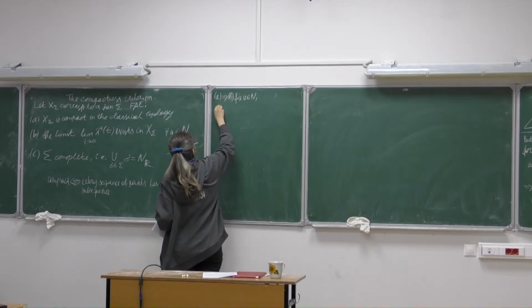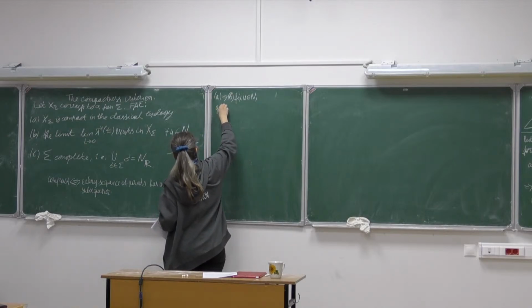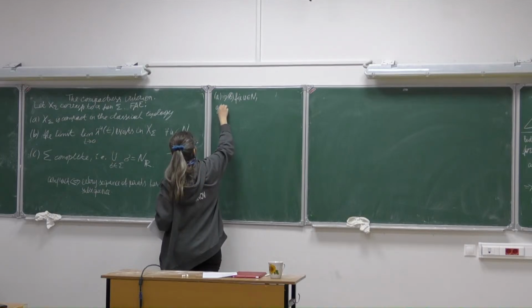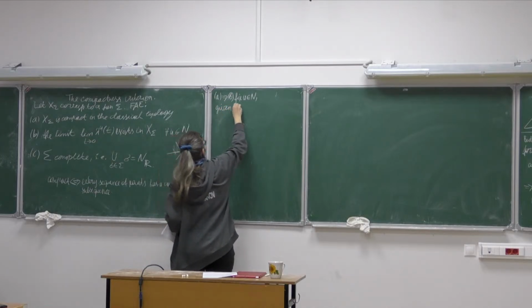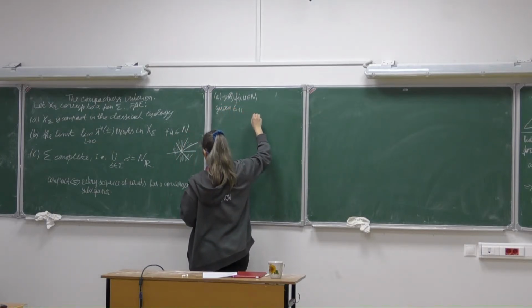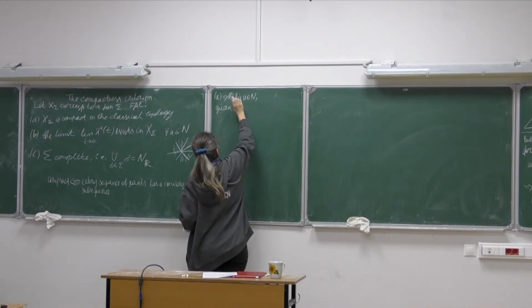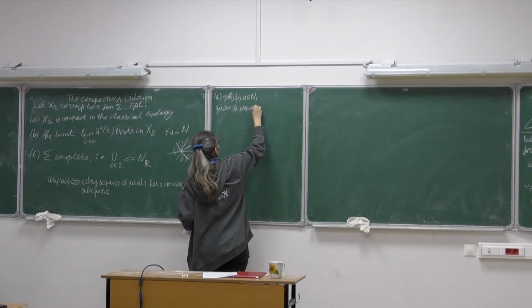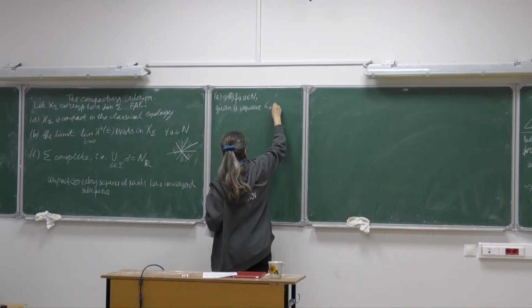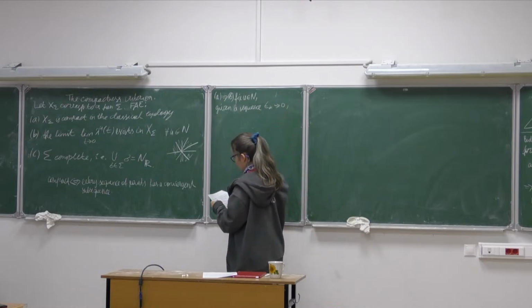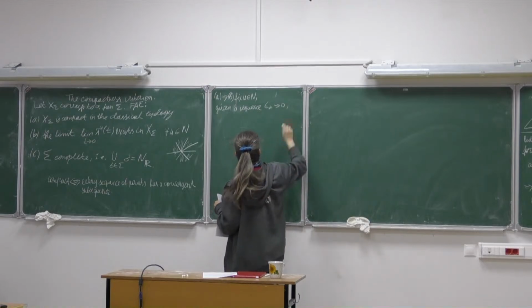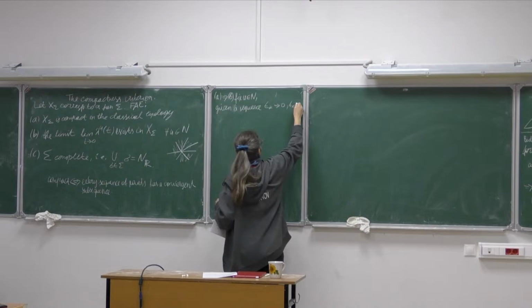We take a sequence of t's tending to 0, t1, ..., tk tending to 0, tk non-zero.